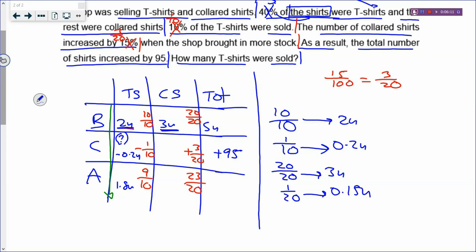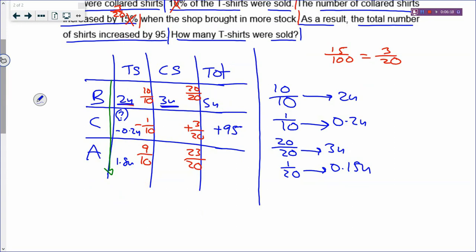The collar shirts increased by 3 over 20, which is how many units? So you need to find what is 3 over 20. You look at 0.15 units, which is 1 over 20, and you times 3. And you will get 0.45 units. All right, and then you fill in the box. So the collar shirt increased by 0.45 units.